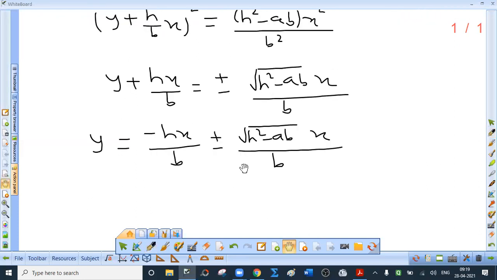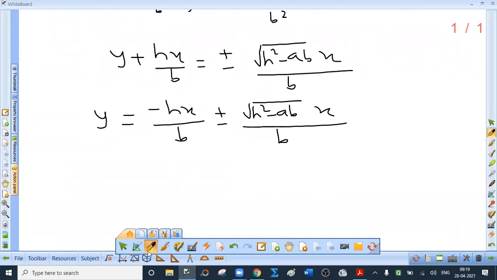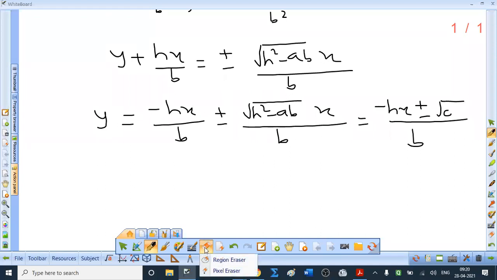And therefore I will say that two separate equations are, before that, LCM is b. So minus hx plus minus root of h square minus ab, it should be.